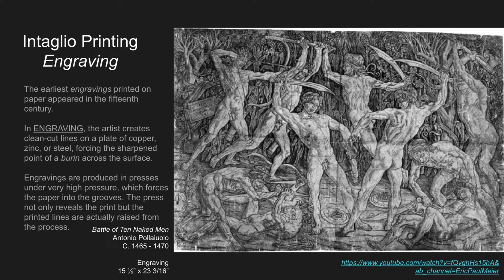So, one of the types of intaglio is engraving. The earliest engravings printed on paper appeared in the 15th century. So, if you remember, I said as a side note during the painting lecture that the 15th century was the Renaissance.